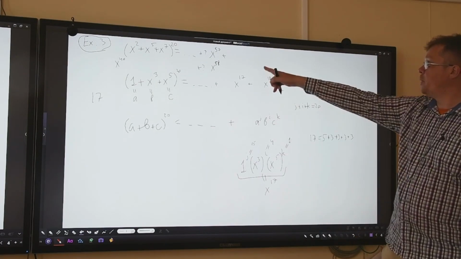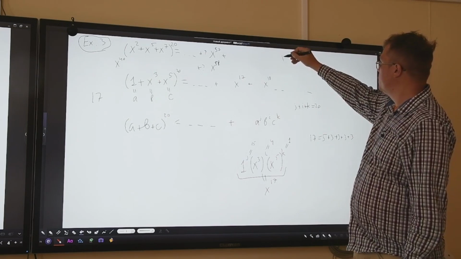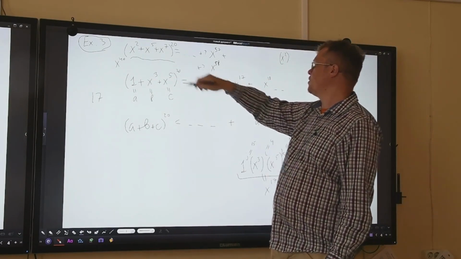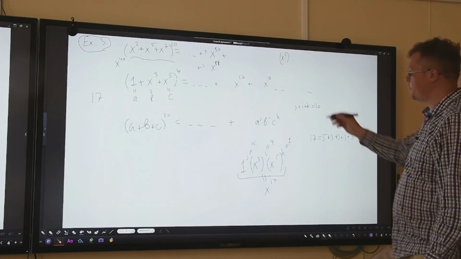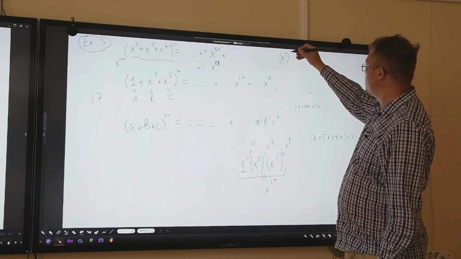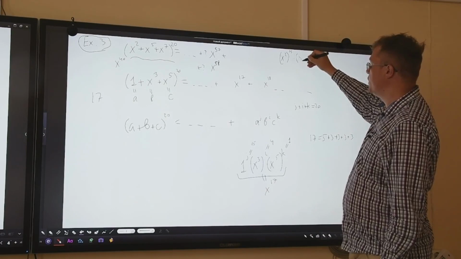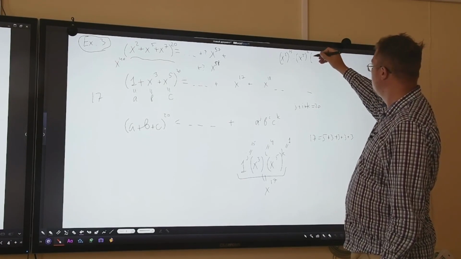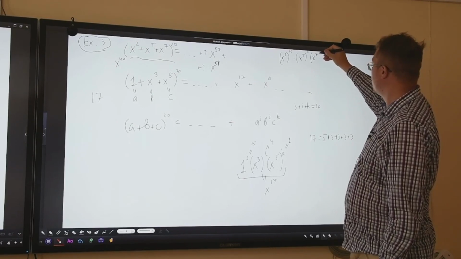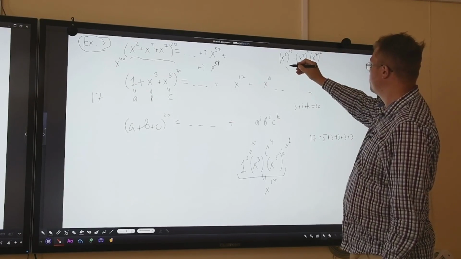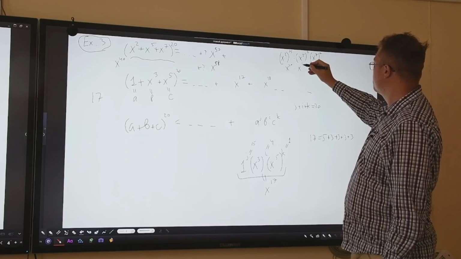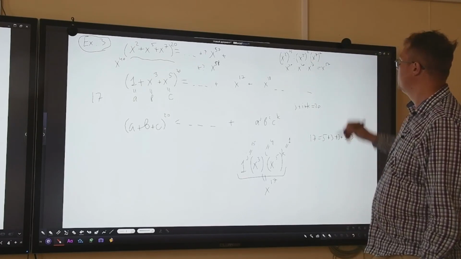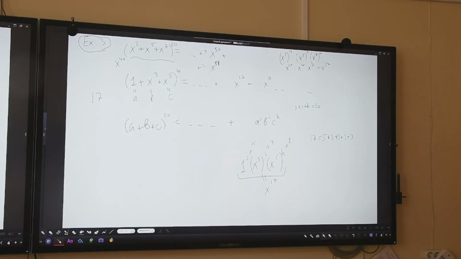So if I look at the first expression, I need to write something like x squared to the 15th power times x to the 5th power to the 4th power and x to the 7th power to the first power. So this will be x to the 30th, x to the 20th, and x to the 7, which is exactly x57. Okay, so what is the answer to the first?